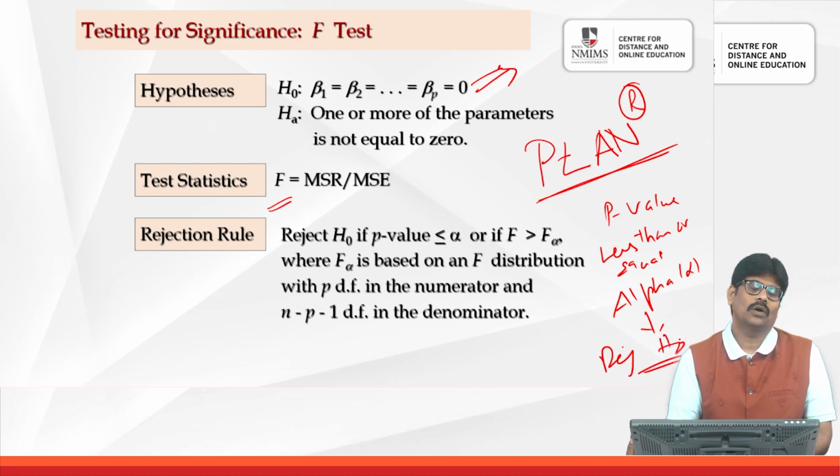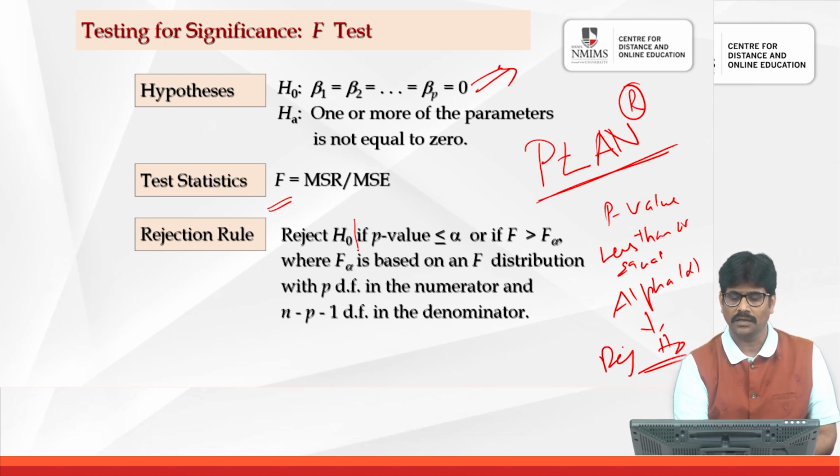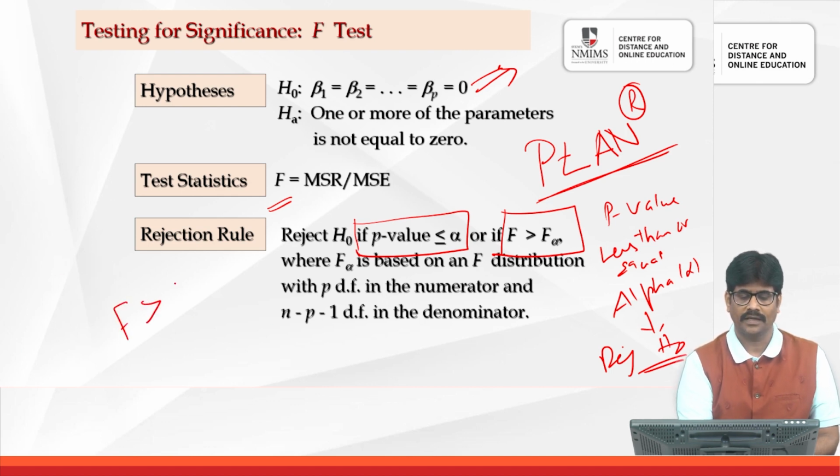We ideally want to reject the null hypothesis, because we do not want all the coefficients to be 0. This is one condition if you are going for the p value approach. If you are going for the critical value approach, then F calculated should be greater than F alpha.